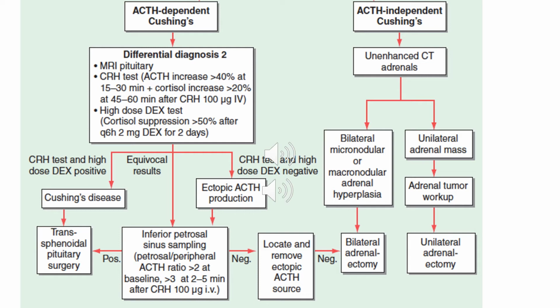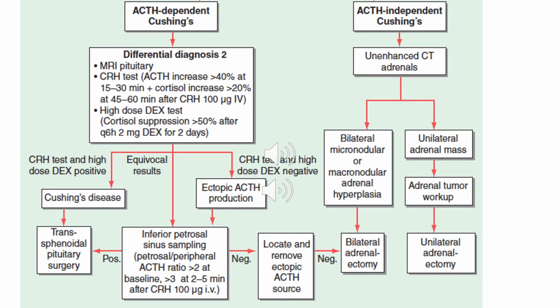This is the most robust test to distinguish Cushing's disease from the ectopic ACTH syndrome, because blood from each half of the pituitary drains into the ipsilateral inferior petrosal sinus. Catheterization and venous sampling of both sinuses simultaneously can distinguish a pituitary from an ectopic source of ACTH.